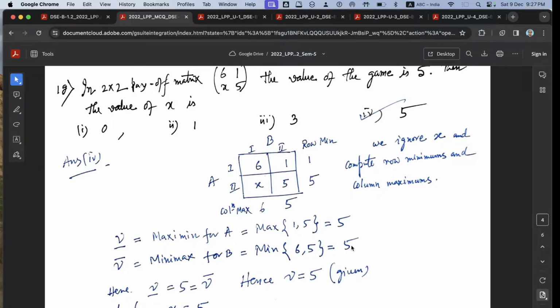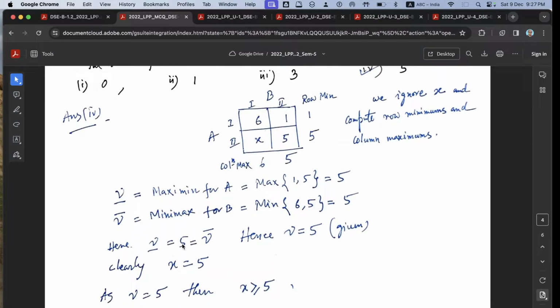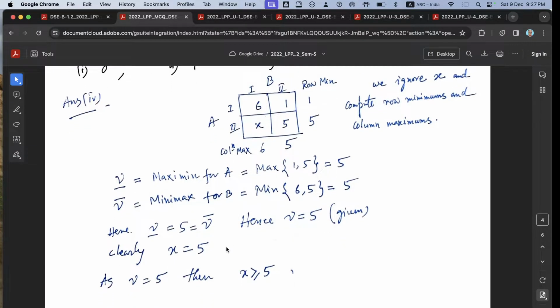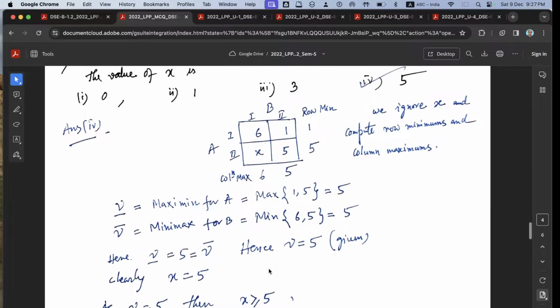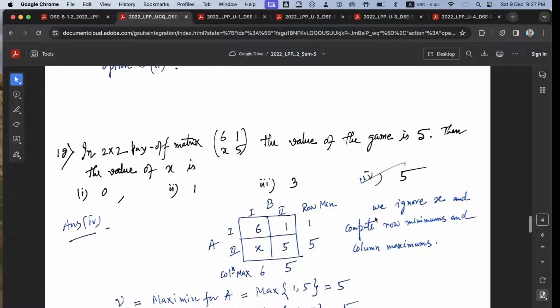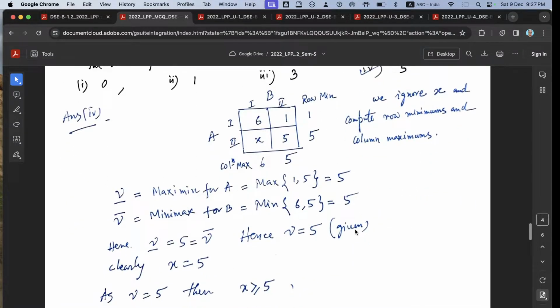Hence the lower value equals 5 and the upper value equals 5, so the value of the game v equals 5. Clearly x equals 5, as v equals 5, then x is greater than or equal to 5. So the correct option is that the value of x is 5.